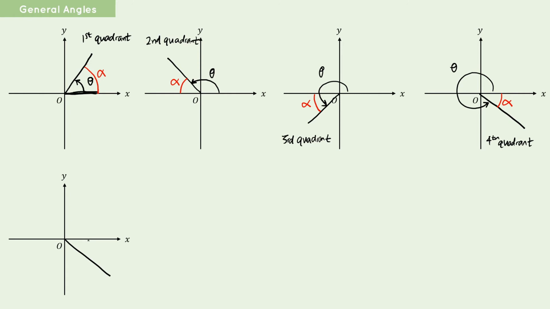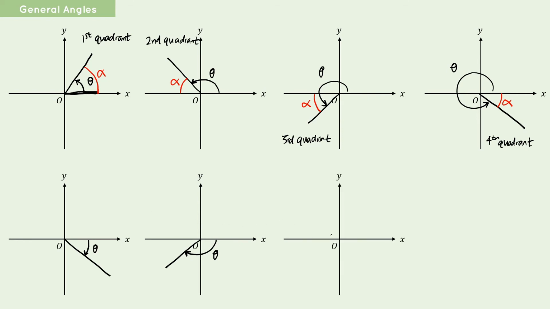Let's say I were to have an angle theta. As you can see, we are moving clockwise now instead of counterclockwise. So this is a negative angle, a negative angle in the fourth quadrant. This is also another negative angle in the third quadrant. Second quadrant.